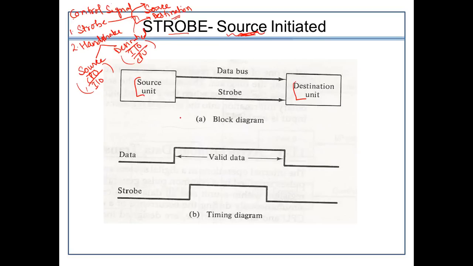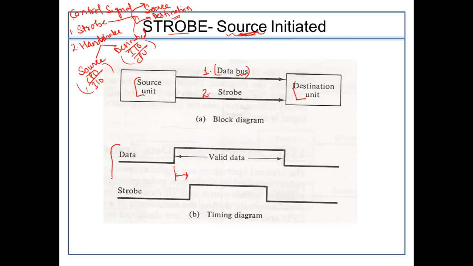First of all, the data will be sent through the data bus. Whenever the source wants to send data, it is always sent through the data bus. So first the data bus sends the data to the destination, and only then is the strobe control signal sent to the destination after a short delay, which depicts that the data has been sent by the sender, or the time when it was sent.